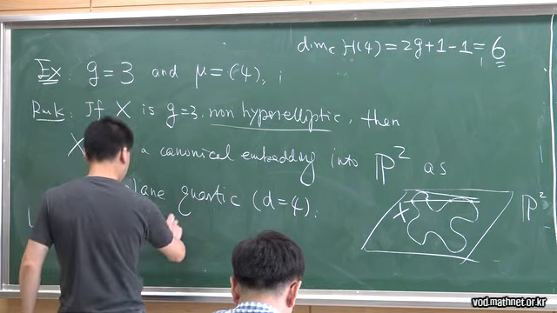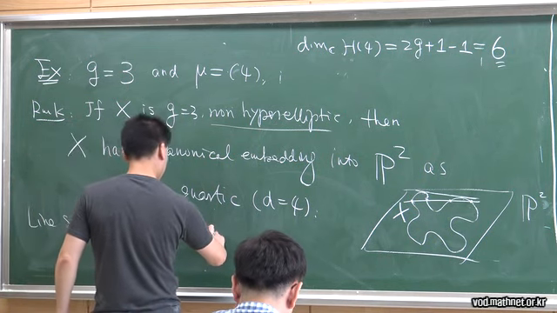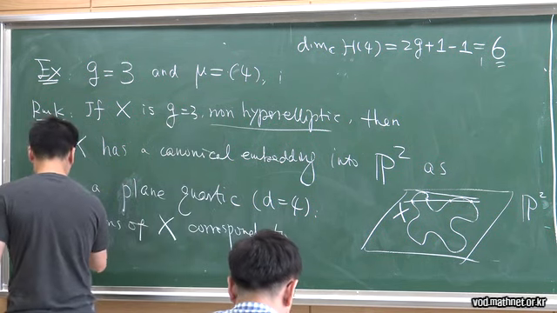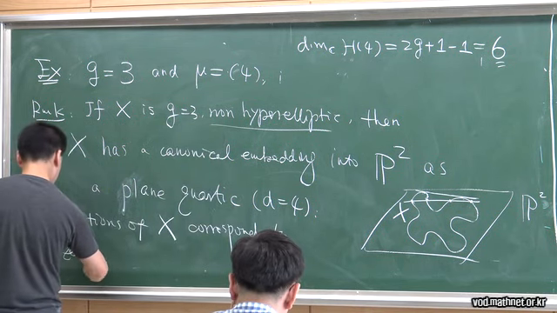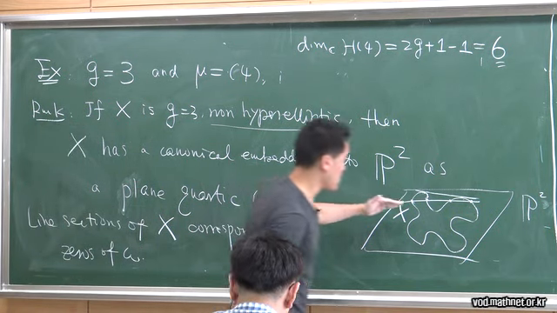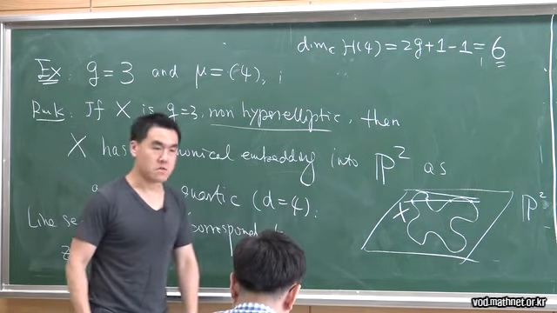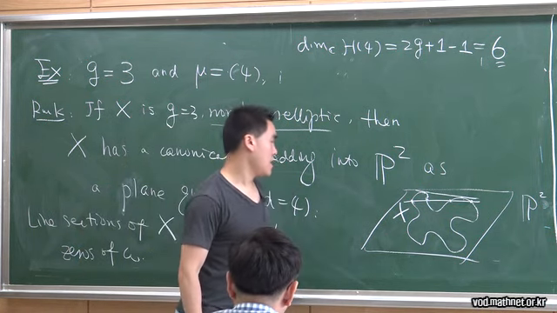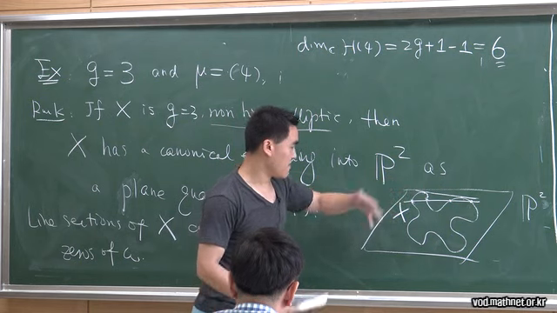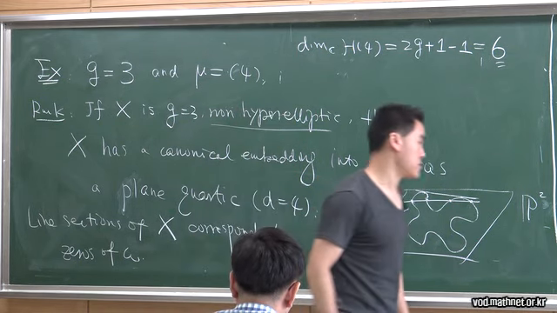Line sections of X correspond to canonical divisors, that is, zeros of omega. In other words, each omega up to scale gives you a line section, and depending on how it cuts X and the contact order at the intersection points, you get different types of canonical divisors.